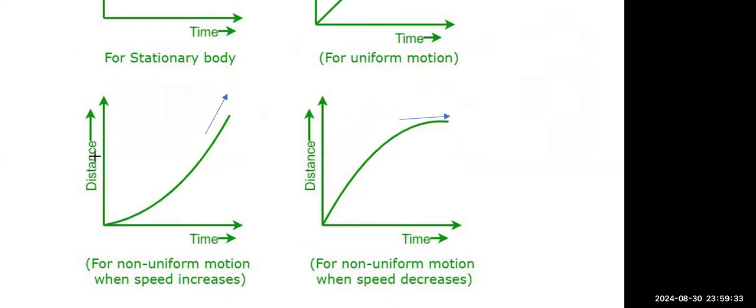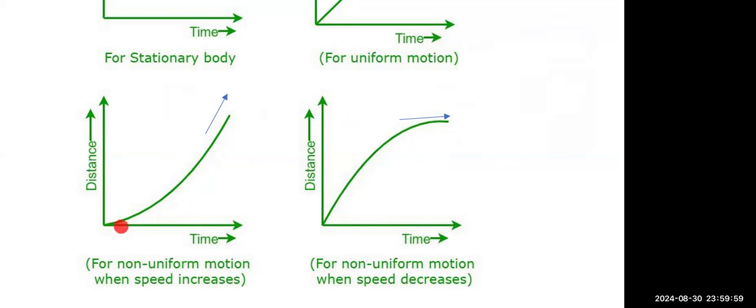Look at that distance time graph. The line is not straight, not horizontal, but it is a little bit curved here. It means if you look at this side, the body is gradually gaining speed.